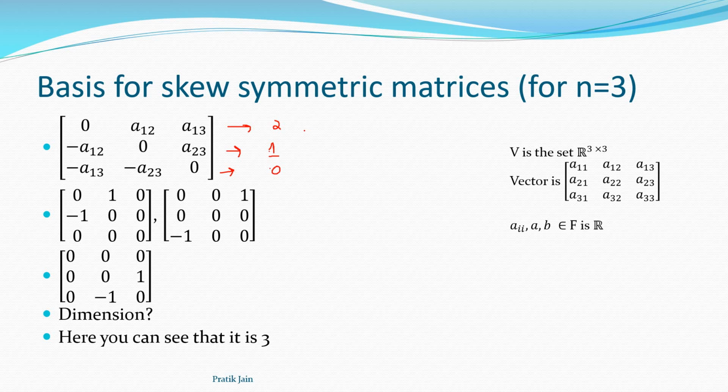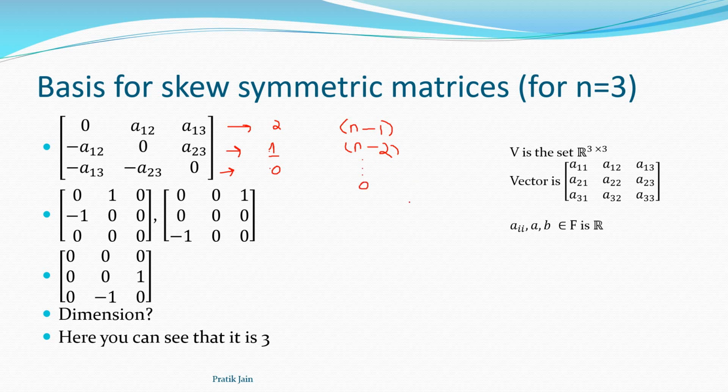For the n case, there'll be a 0 for an n cross n as well, so all diagonals are 0. So this will be nothing but n minus 1, right? So this is n minus 1, this is n minus 2, and like this you go on up till you reach 0, right?